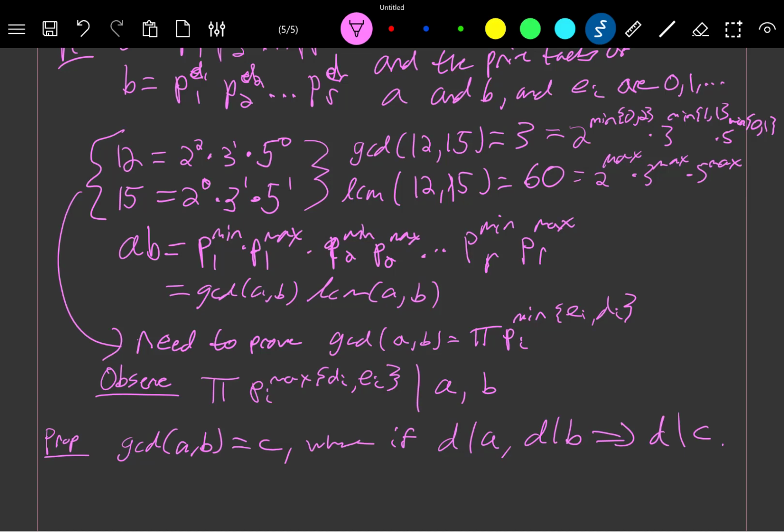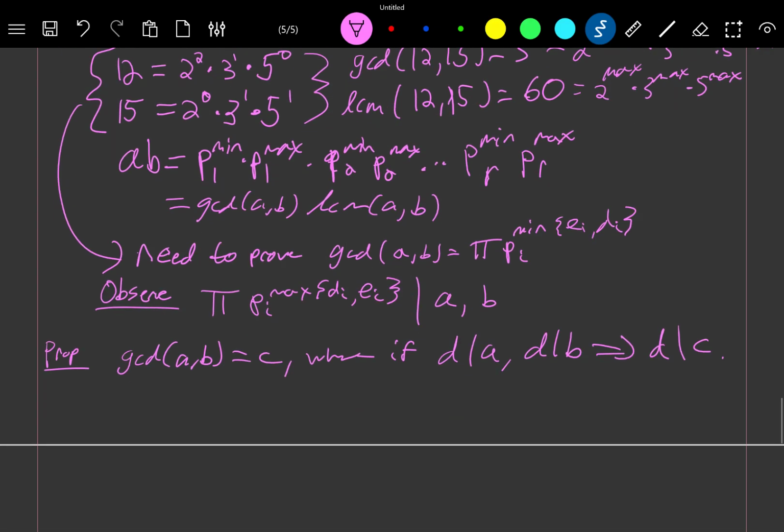So, in a way you can see this: if D is a common divisor of A and B, if D does not divide C, which is the GCD, how can we do this?